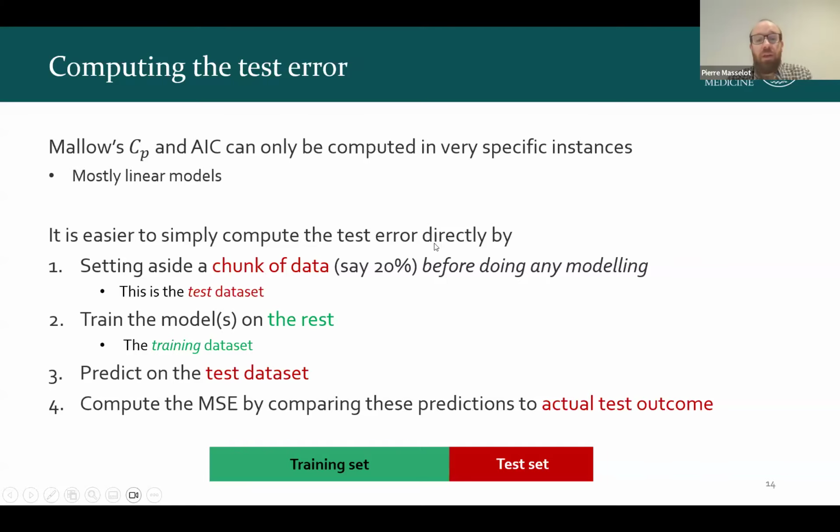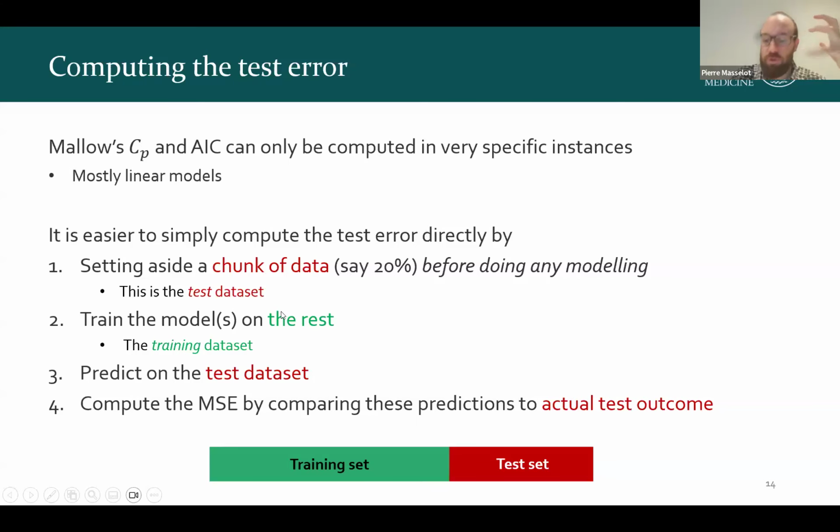And so in most instances, and even for linear models, you actually have a much simpler way to estimate this generalization error. And maybe you already know that and you saw me coming from far away, but it's usually easier to simply compute the test error.